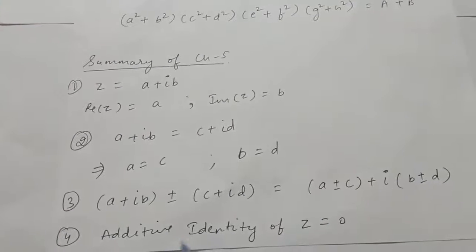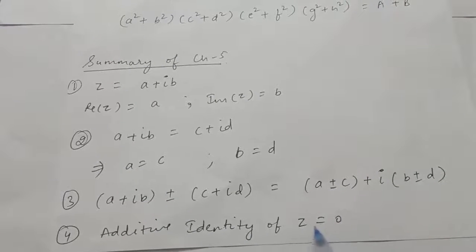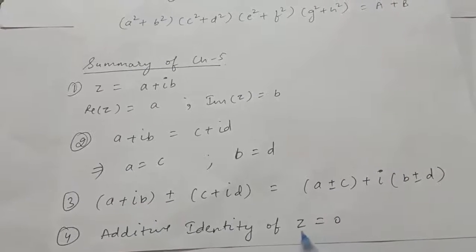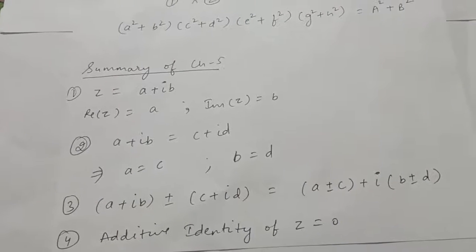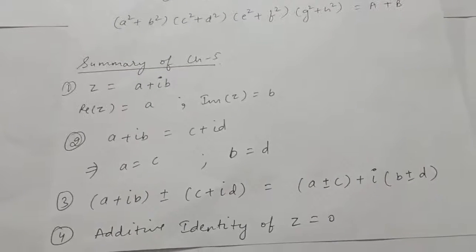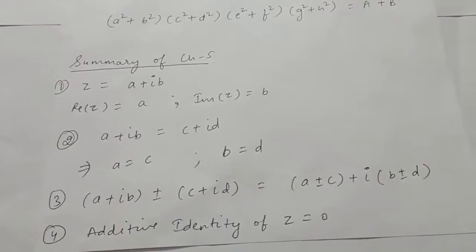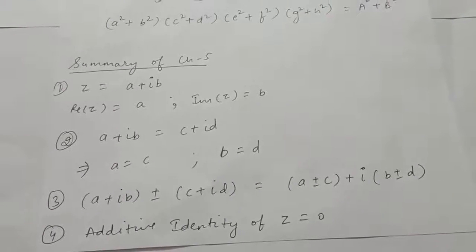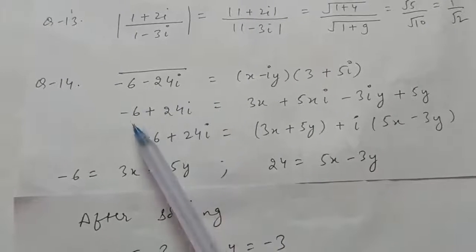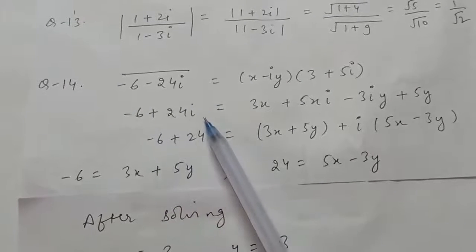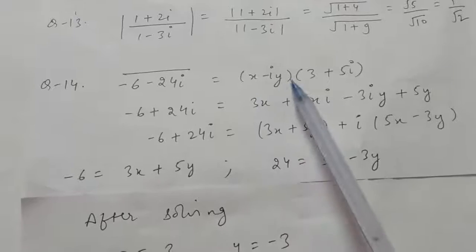Also, you know, the additive identity of z, where z is the complex number, is 0, because if you add 0 to any complex number, then it will give z only.